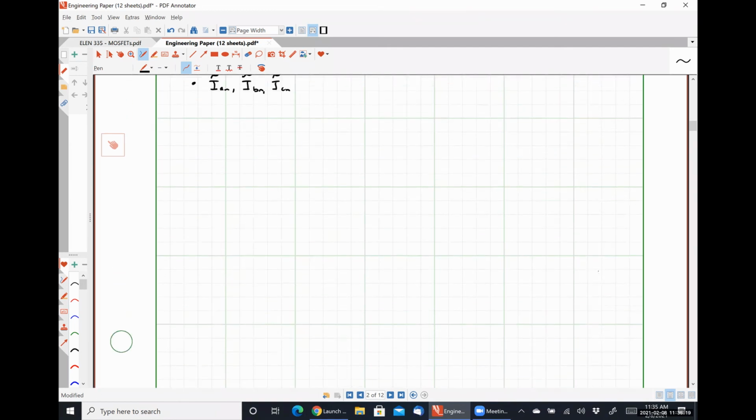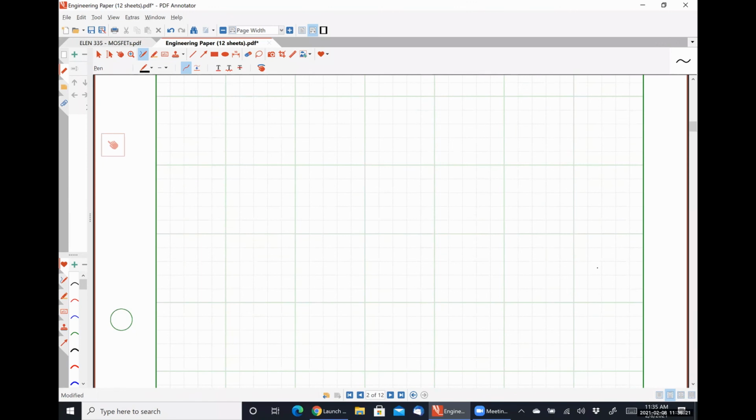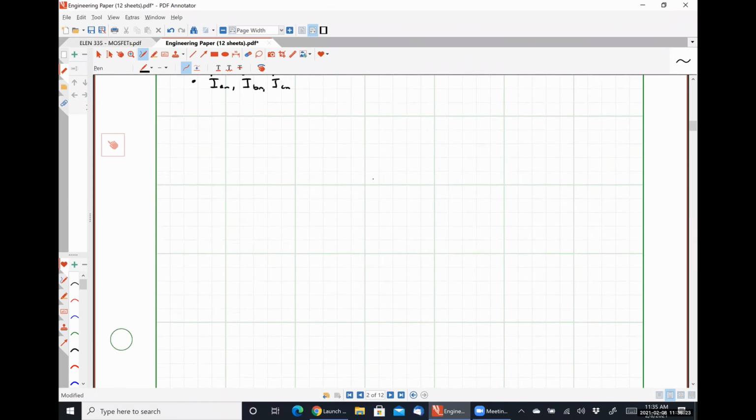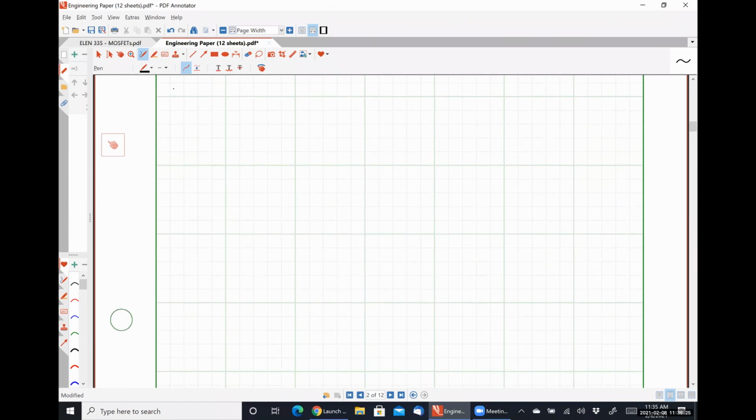I think there's enough room here. So in a delta connected source, there are 2 different ways to draw it.